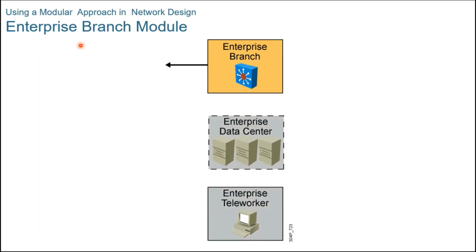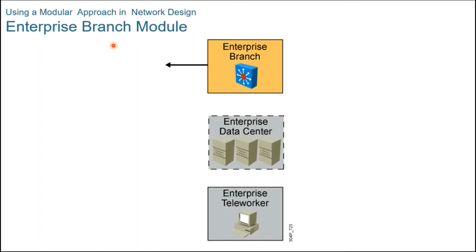Now, the enterprise branch module extends the enterprise by providing each location with a resilient network architecture with integrated security, communications, and wireless mobility.